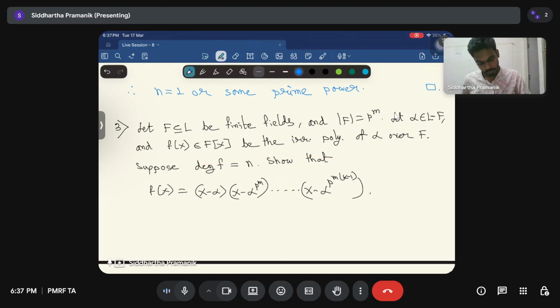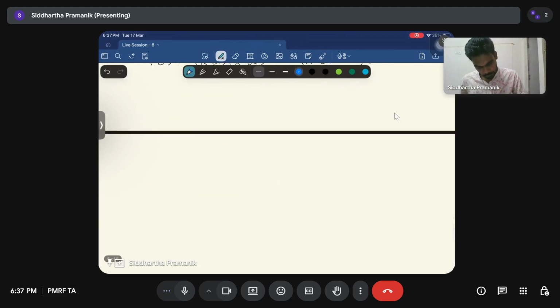Okay, so let me explain this problem. So let me draw this picture. So here it is L, here it is F, and the cardinality of F is p power m. So the cardinality of L is also some power of p, but we are not interested in that, and the cardinality of L is also finite.